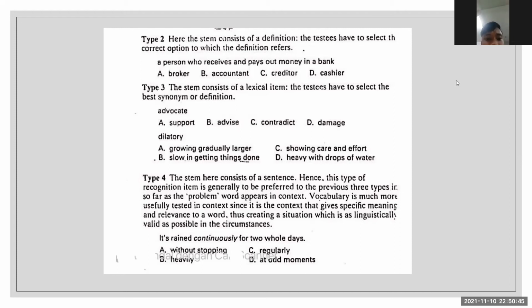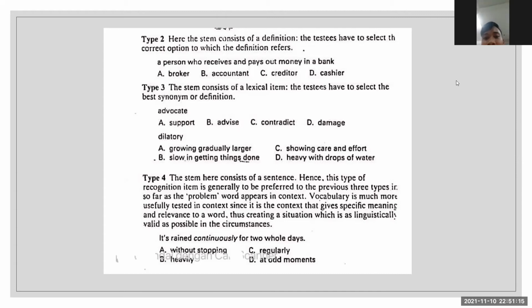And type 4, the stem here consists of a sentence. Hence, this type of recognition item is generally to be preferred to the previous three types in so far as the problem word appears in context. Vocabulary is much more usefully tested in context.